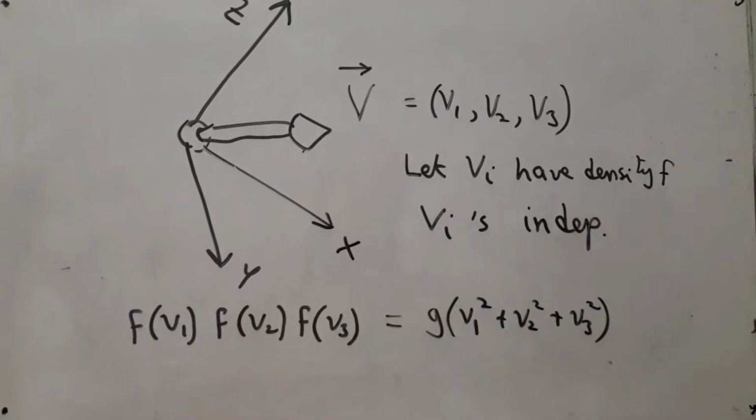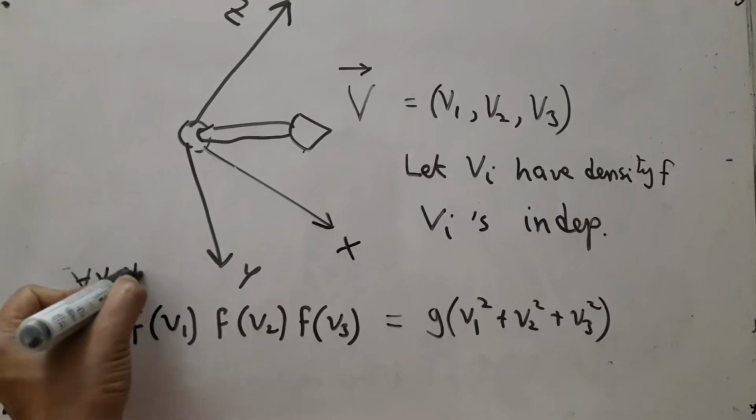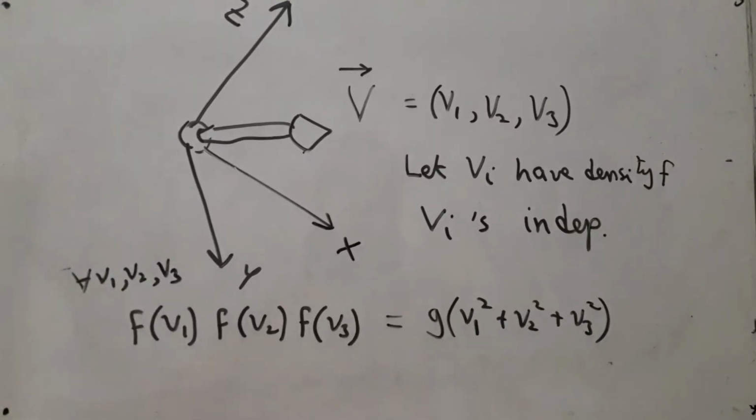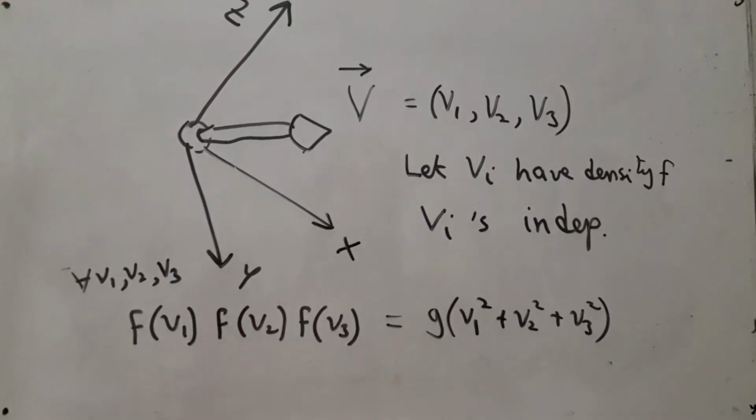So F must be one such function such that whenever you write this, and this holds for all V1, V2, V3 in R, the product must be a function of V1 square plus V2 square plus V3 square. Well, now we just have to do some mathematical manipulation, for which he assumed, like any true blue physicist, that F is differentiable.